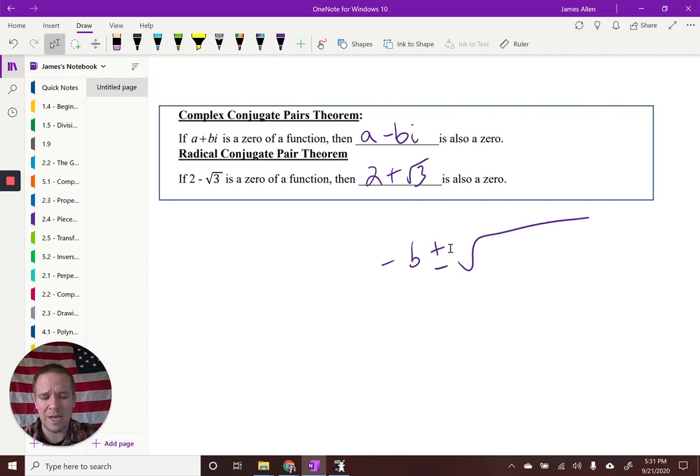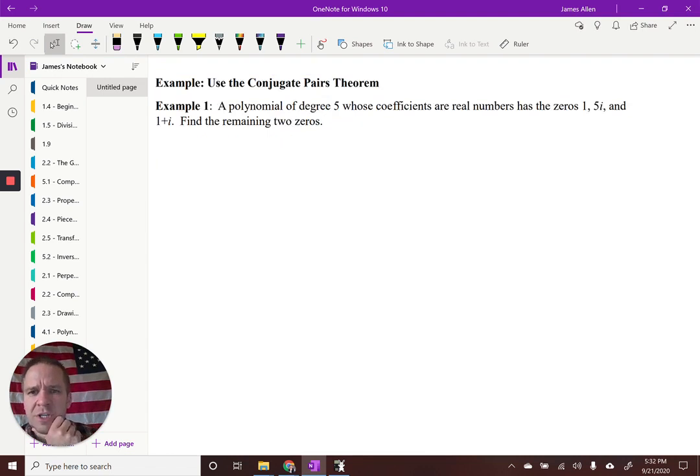Whew, we're cruising now. So let's use this conjugate pairs theorem. A polynomial of degree 5, whose coefficients are real numbers, has the zeros 1, 5i, and 1 plus i. Find the remaining 2 zeros. Well, if 5i is one of them, then negative 5i would be the other.